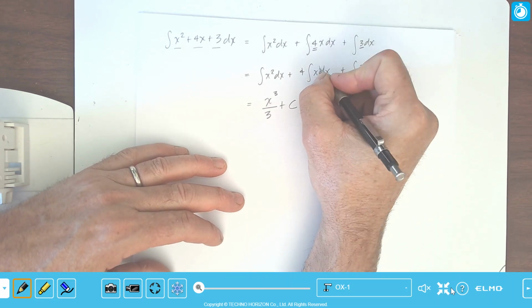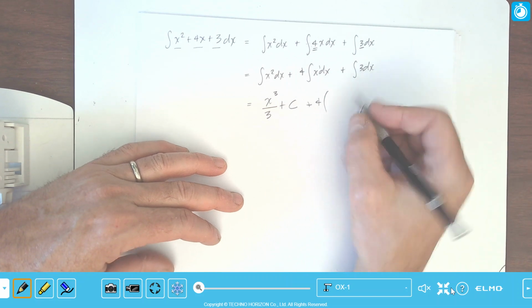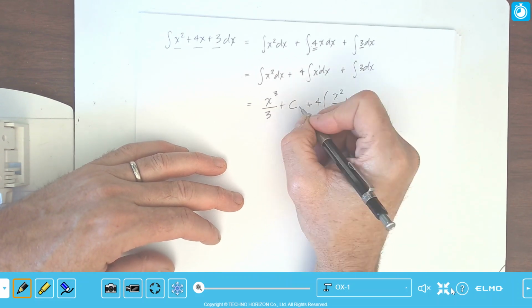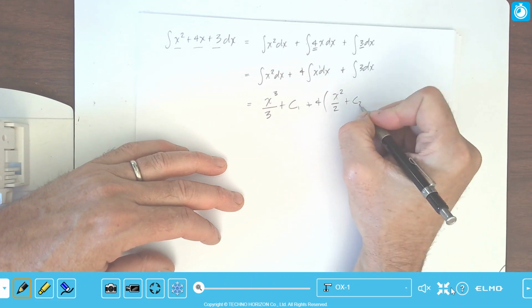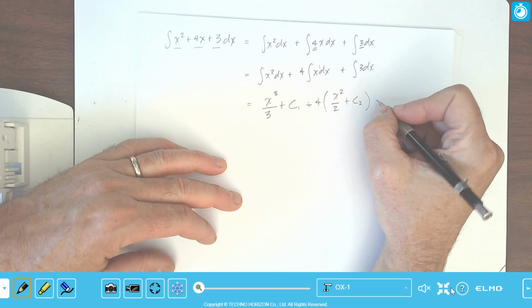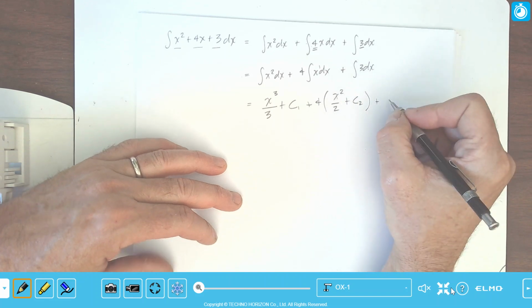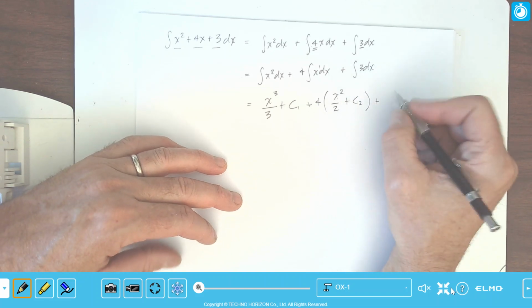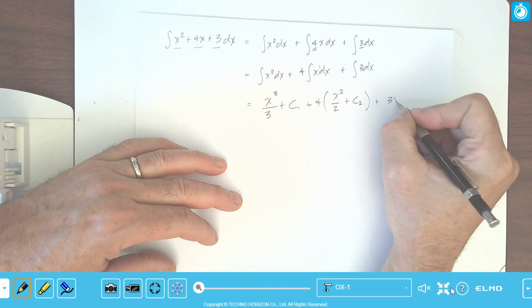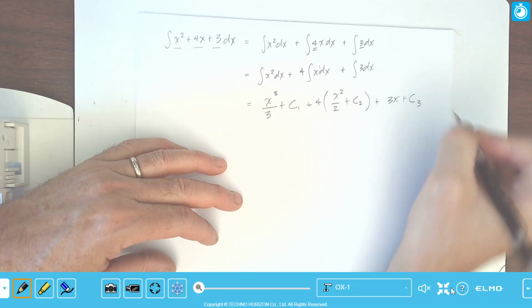If we think of it as x to the first, we can use the power rule here too, and it'll be x squared over 2 plus a constant. I'll call this constant 1, I'll call this constant 2. So that's the integral of x. And this last one, the integral of a constant we said was kx plus c, so it'll be 3 times x plus c3.